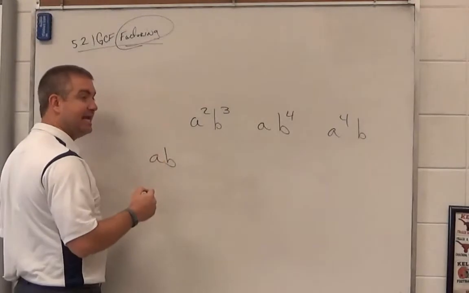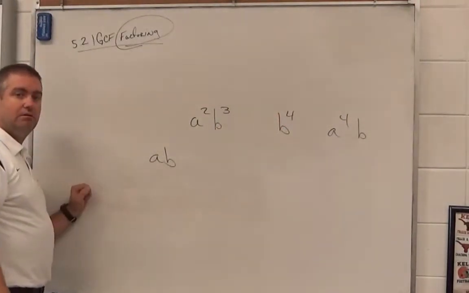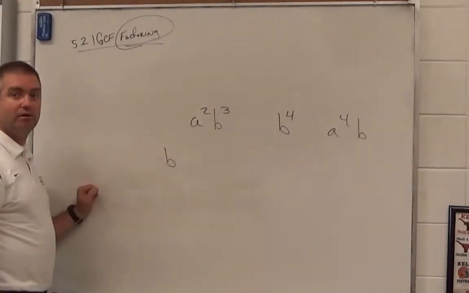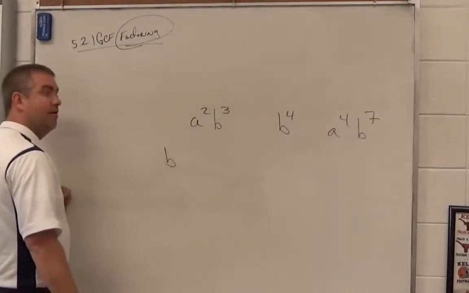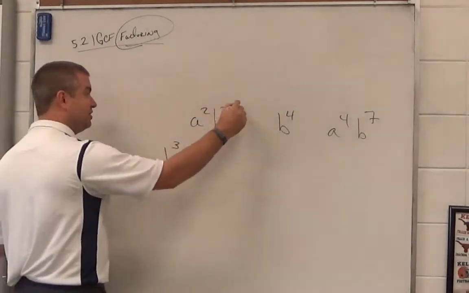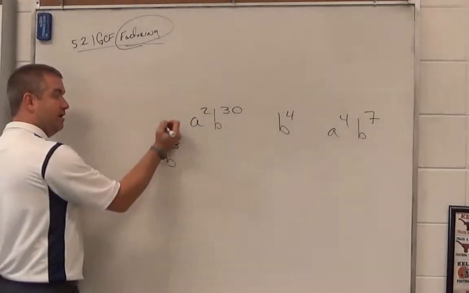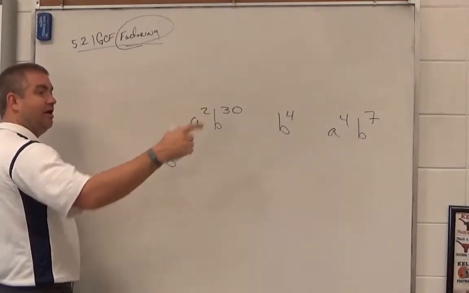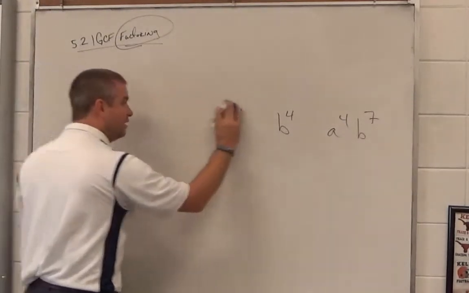At least an ab. What's the GCF now? B. Just b. They don't all have an a anymore. What's the GCF now? b cubed. What's the GCF now? b to the 4th. How come there's not an a? Because they don't all have an a. And that's basically GCF.